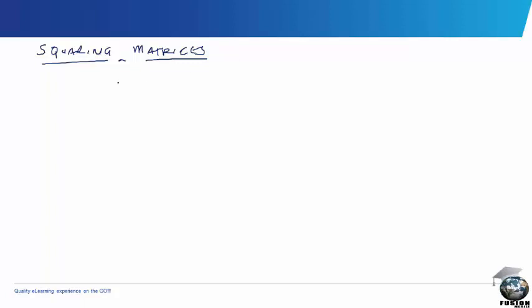So it's either a 3 by 3 matrix or a 2 by 2 matrix. But let's use a 2 by 2 matrix. For example, the condition here states that it must have an equal number of rows and columns.